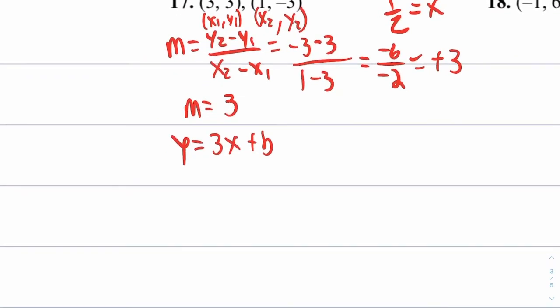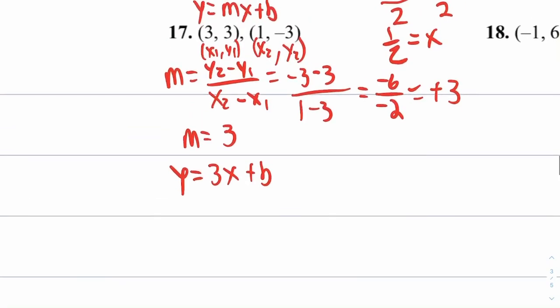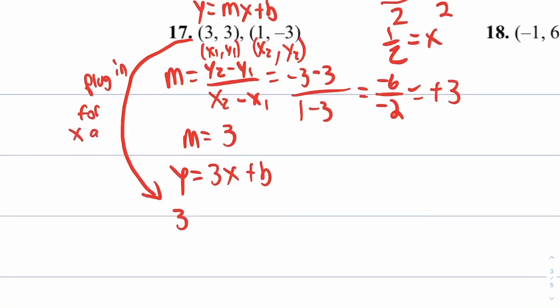Now let's take one of these points from above. Let's take one of these points from the top, and we're going to put them in for x and y. Let's use 3 and 3. 3 for y, 3 for x, plus b. 3 is equal to 9 plus b.